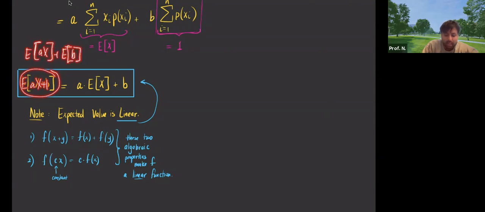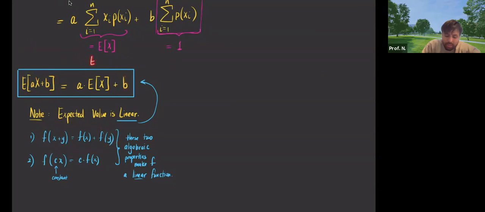That's the linear property I'm applying, number one. What is the expected value of a constant? It is itself, b. Do you see that? So the expected value of b becomes b.